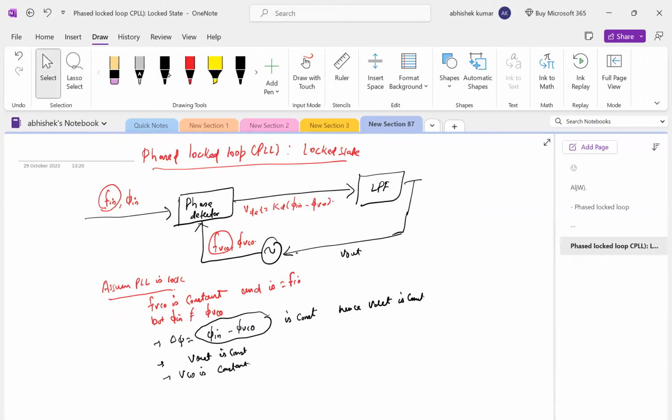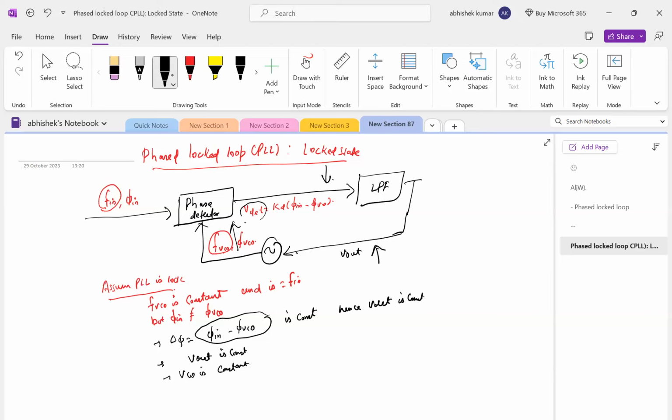Now we will see the second case, whether the phase lock loop is stable or not. Imagine some positive noise gets added here. Then V out will increase, and the frequency of the VCO also slightly increases. As a result the phase will decrease, and the phase difference will decrease slightly.